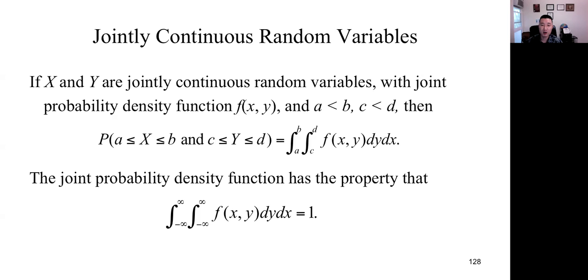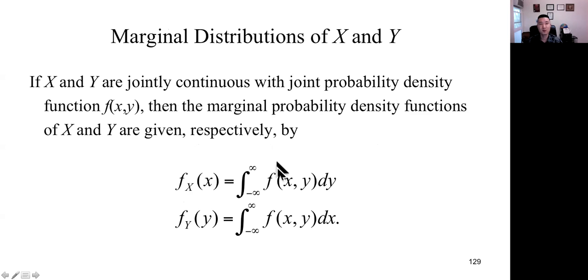And for continuous variables, we also have the marginal distribution of x and y. So if x and y are jointly continuous with density function f(x, y), we can use the following two equations to calculate the marginal probability density function.